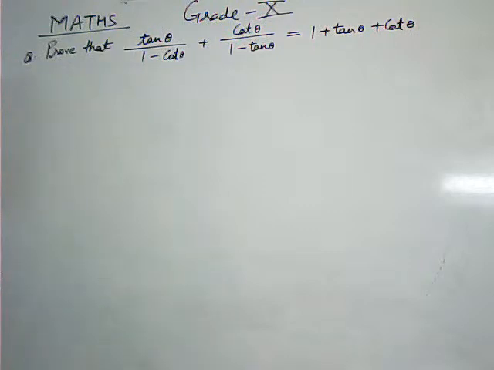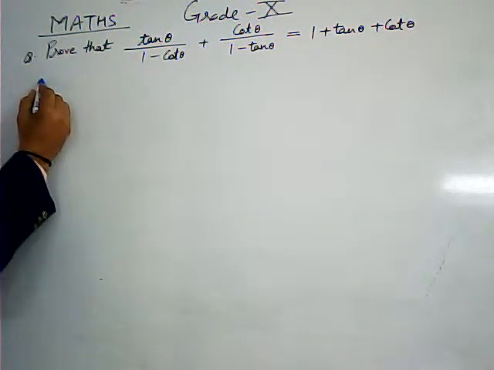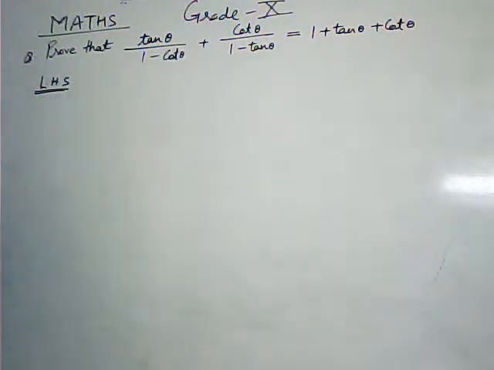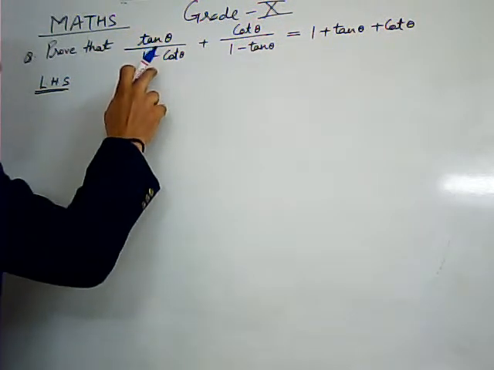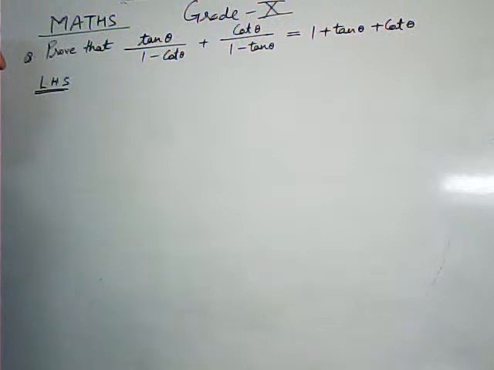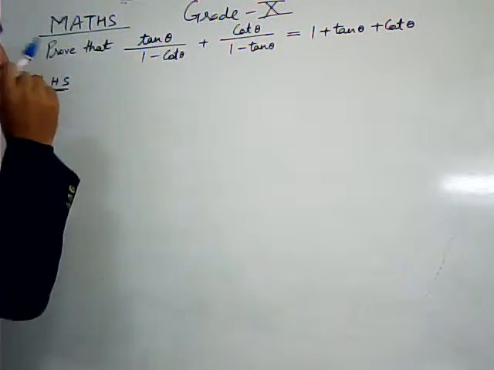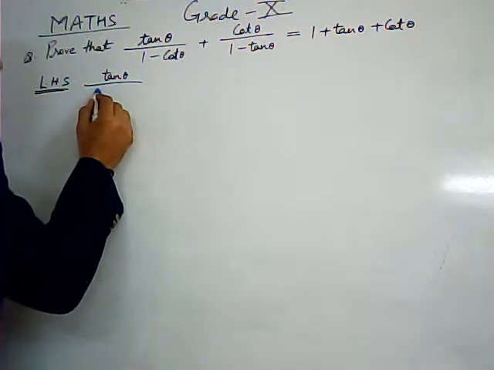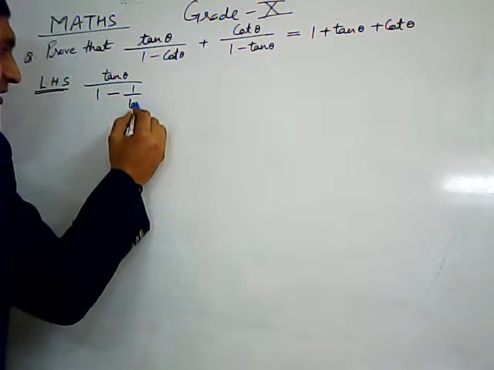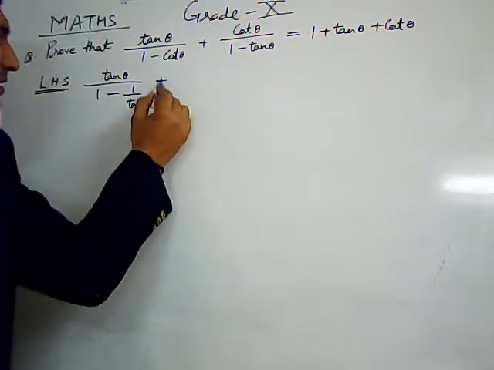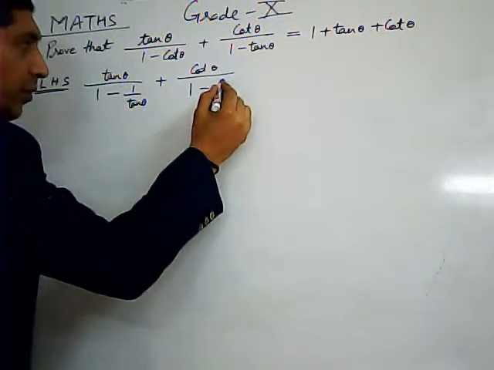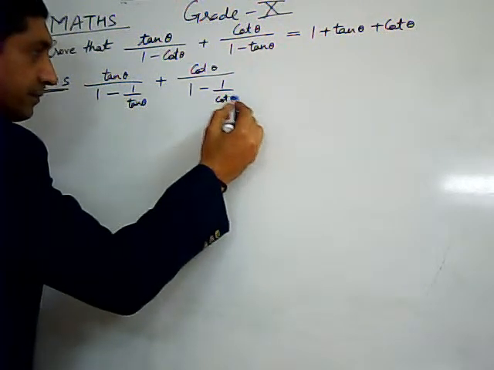So here we can start with the left hand side, right? In the left hand side we can write tangent of theta upon 1 minus 1 upon tangent theta, plus cotangent of theta upon 1 minus 1 upon cotangent of theta, right?